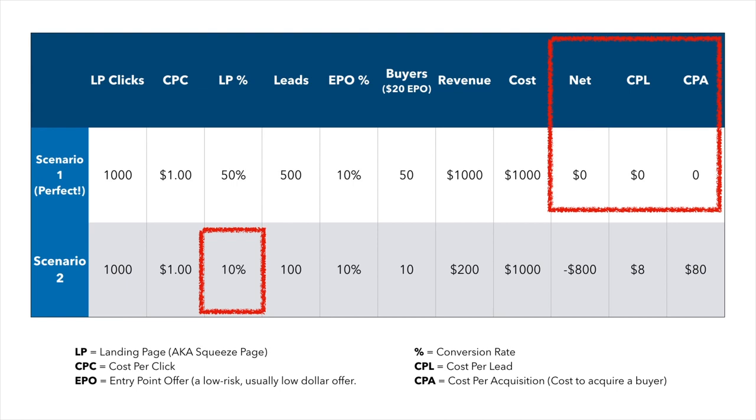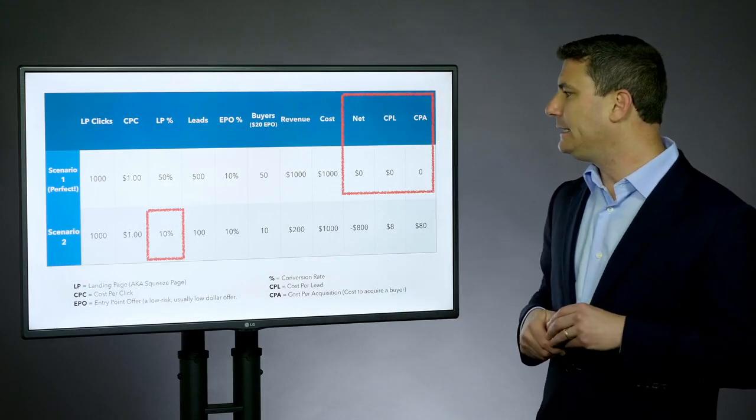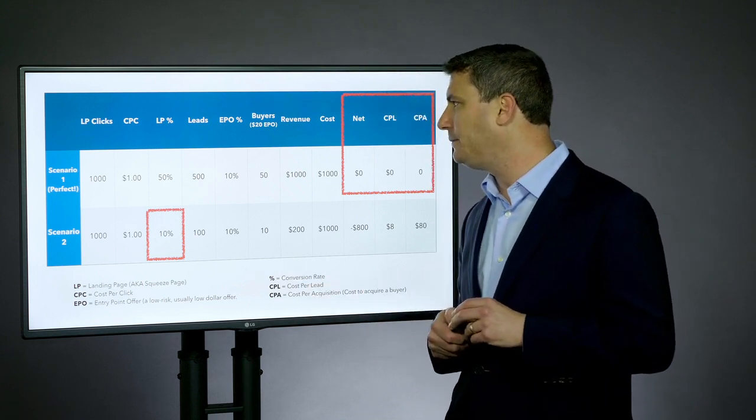They're not opting in. They're not giving you their email address. You're only getting 10% of traffic to convert. So now you only have 100 leads, and your entry point offer converts at exactly the same rate as it did in the first scenario.